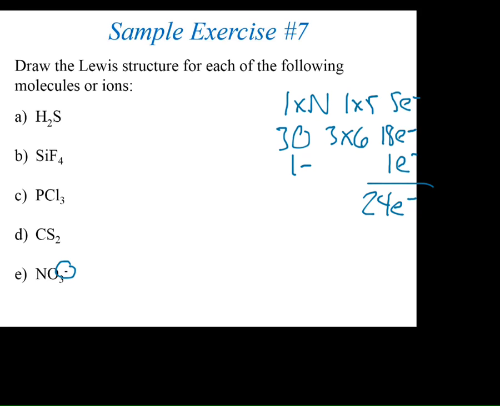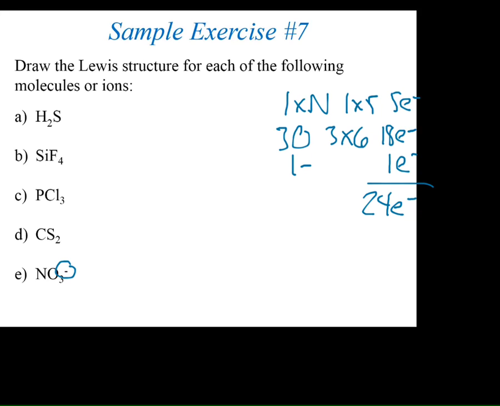PO4 3 negative? That means I would add 3 electrons onto the total. Whatever that charge is, okay? So you add 1 electron for every negative charge. You subtract 1 electron for every positive charge.